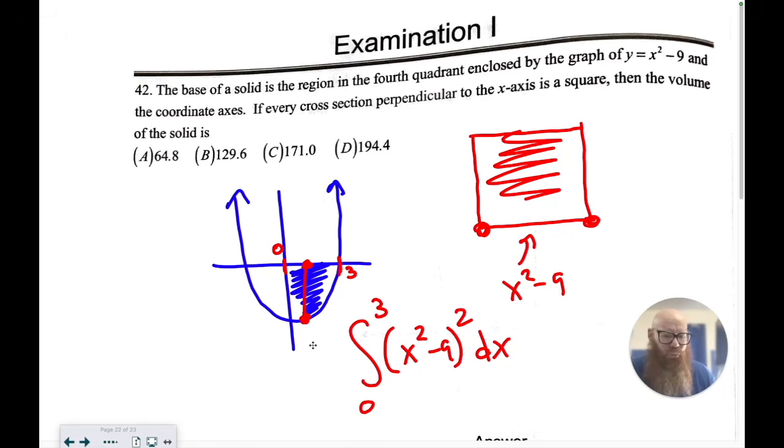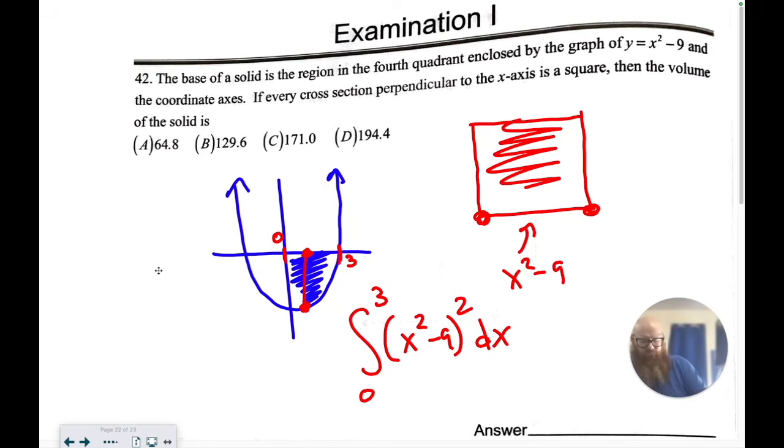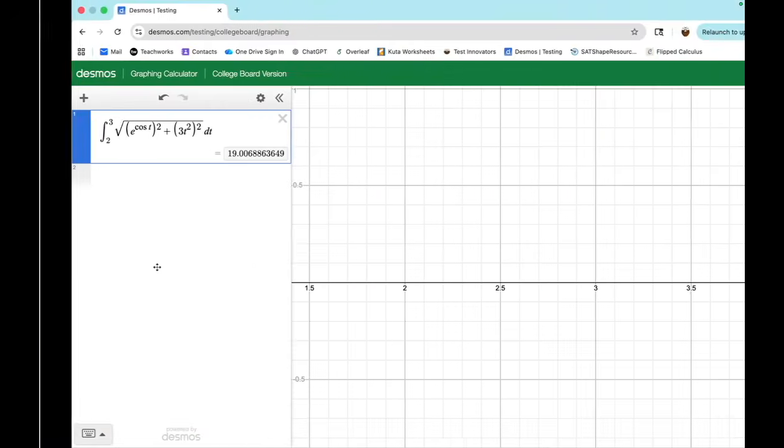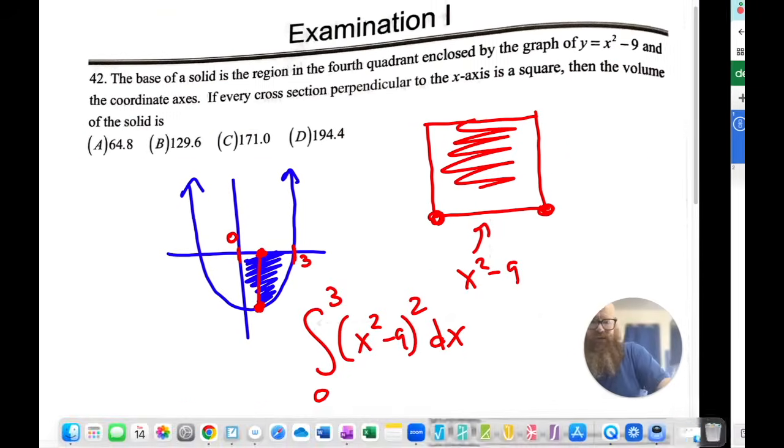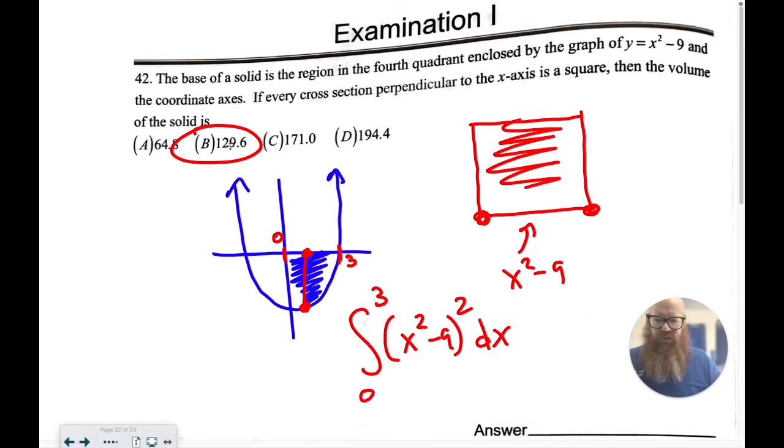So you would integrate from 0 to 3. And this is something I'm just going to plug into Desmos so I don't have to square all that out. So I have the integral from 0 to 3 of x squared minus 9, quantity squared, dx, and we get 129.6, and that is answer choice B.